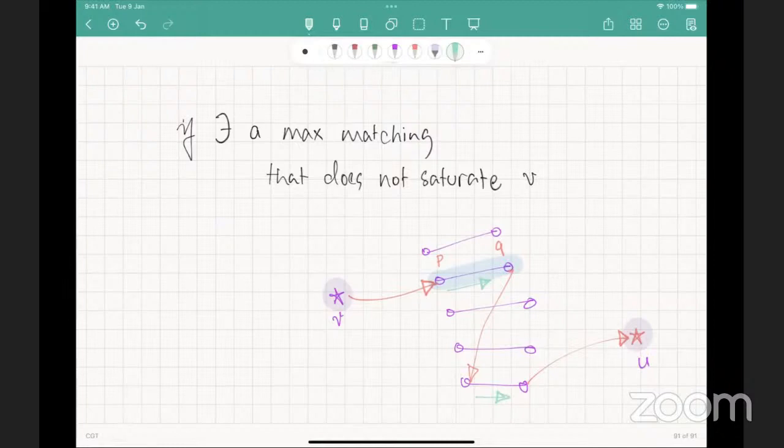And here, if the second player ends up being in a bad situation, which is that they can't constrain the first player to be moving within the set of matched vertices with respect to this matching, then the presumed gameplay where things are not working out for the second player can be used to extract a larger matching than the one that we started with. And that will contradict our assumption that the matching that we started with was a maximum matching, right? So the second player will always have a way to make progress.